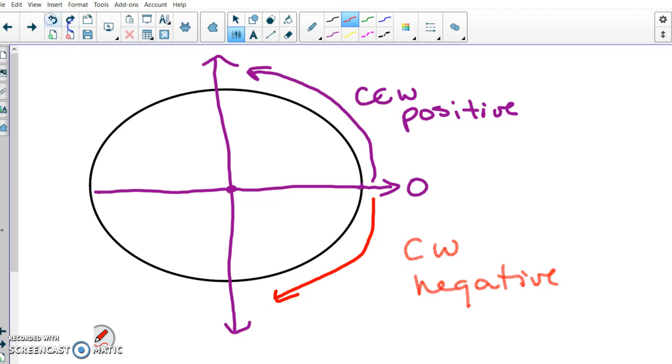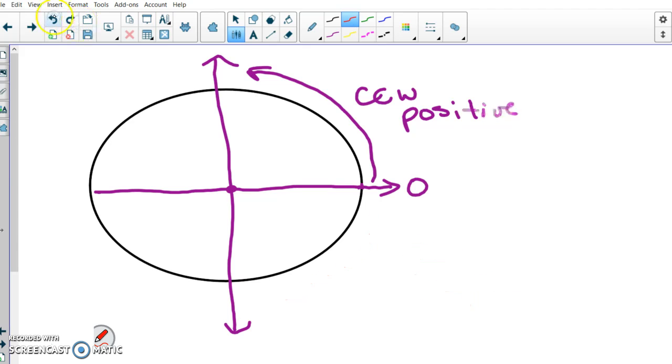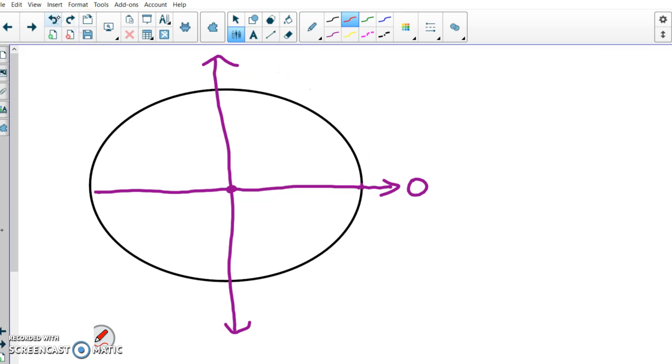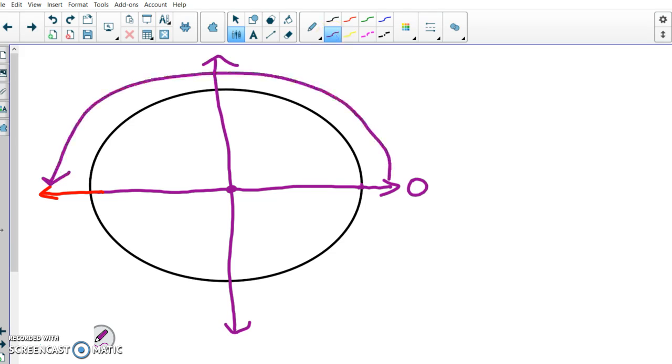What I'd like you to look at right now is the idea of starting at 0 and moving around. I want you to think about this. We know that a straight line, positive x through negative x, if we traveled all the way around the circle to here, we know that a straight line has 180 degrees.